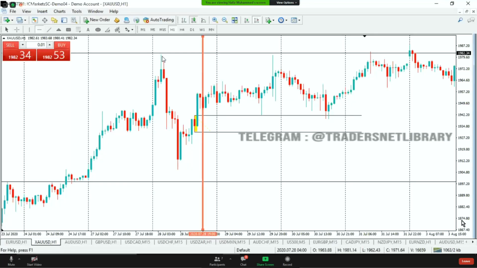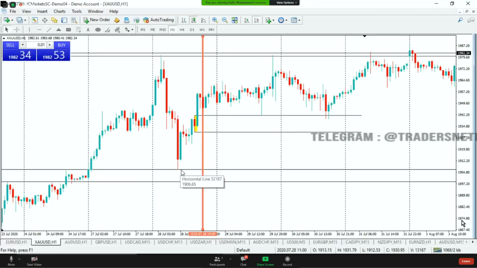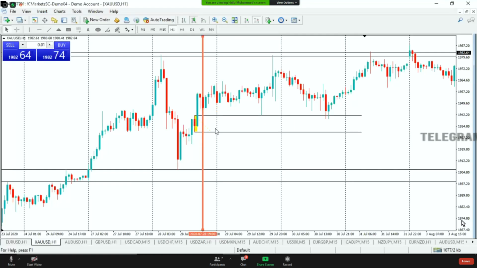This is the high of that day, and this is the low of that day. So what are we looking for? We are looking for the closest imbalance that is close to the current market price and close to the low. Which imbalance are you seeing that has a clean breakout? Are you seeing this rally-base-rally?